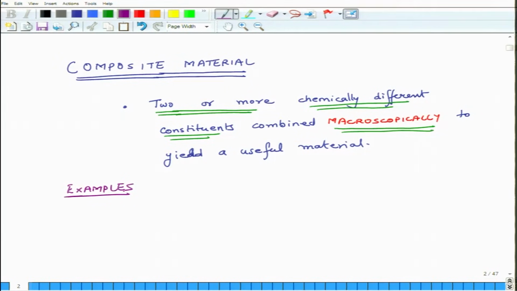These composites could be both natural or artificial or synthetic. Let us look at some natural composites. One composite we come across very regularly in our day to day lives would be wood. Why is wood a composite material?